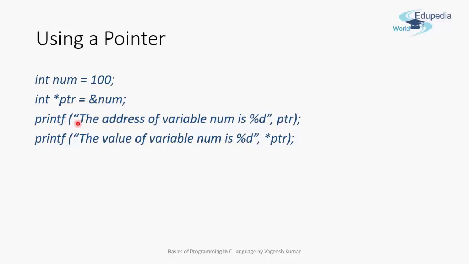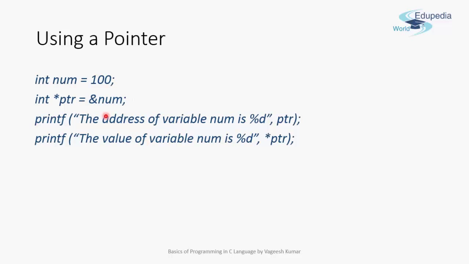Now when we run this program, it prints "the address of variable num is %d", ptr. Why %d over here? Because an address is nothing but a numerical value, so it will be printed using the integer format specifier. That is what we are using to print the address. So simple ptr will give the value inside ptr, which is the address of the memory location where num is stored.